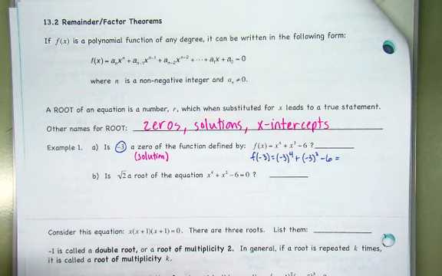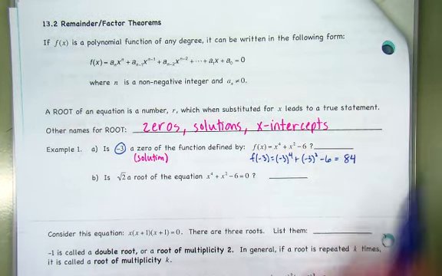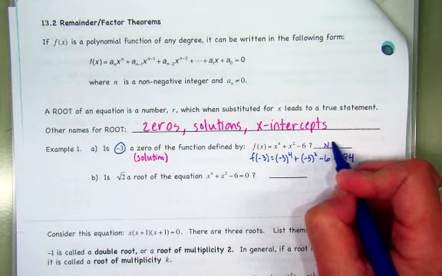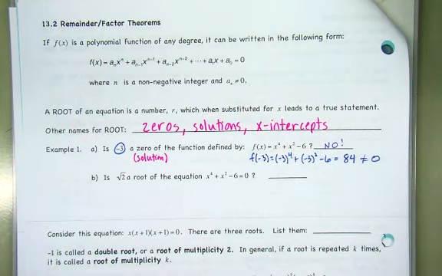What is that? 81 plus 9 minus 6. So we get 84. If I get 84, is that a solution or a root? No. What is it supposed to equal if it's a solution? Yeah, it's got to equal 0 when I plug it in. So I would say no, it's not, because that does not equal 0. Okay? Try the next one.